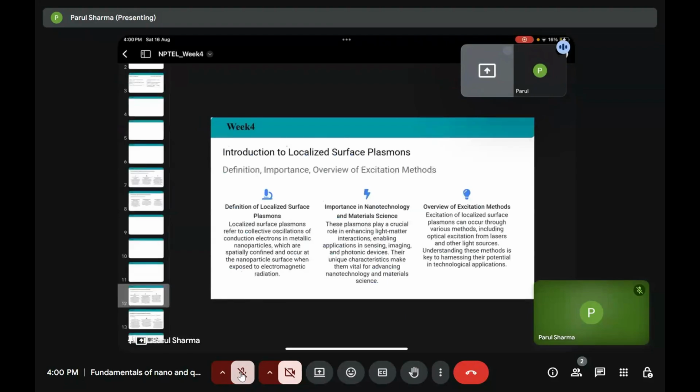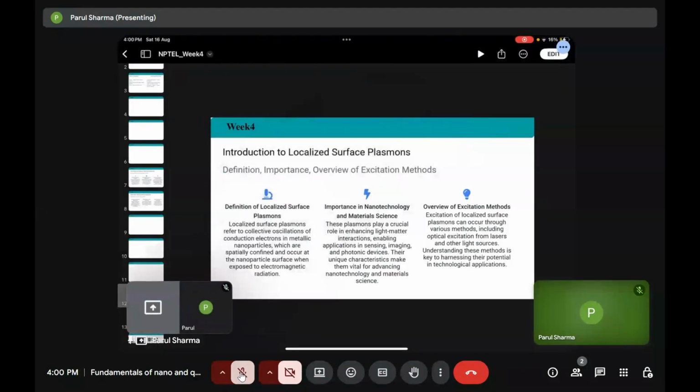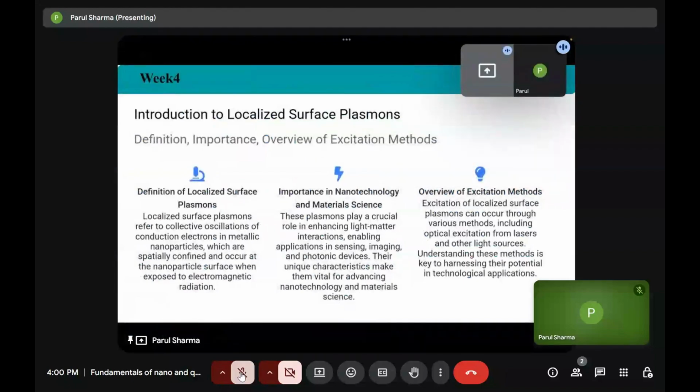So next is the introduction to localized surface plasmons. So we saw that we have a different category, where we have the interaction of light with a dielectric interface.